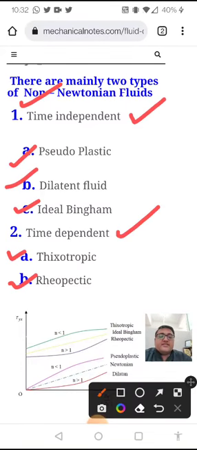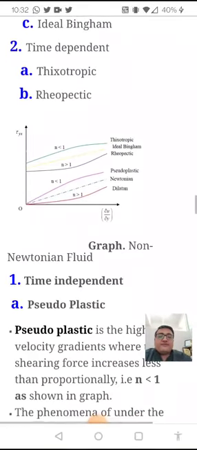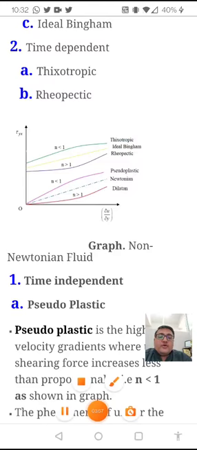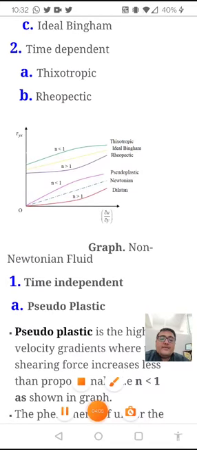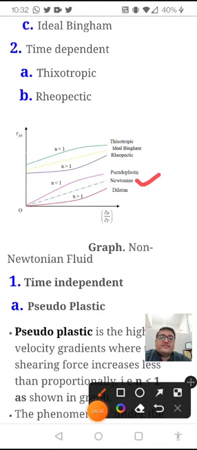Just check out this figure, this graph, in order to understand in depth what we mean by non-Newtonian fluid. Non-Newtonian fluid can be defined relative to Newtonian fluid. So Newtonian fluid is here, and the ideal plastic fluid, that is ideal Bingham, which we have already discussed. These are mentioned in the previous diagram as well.